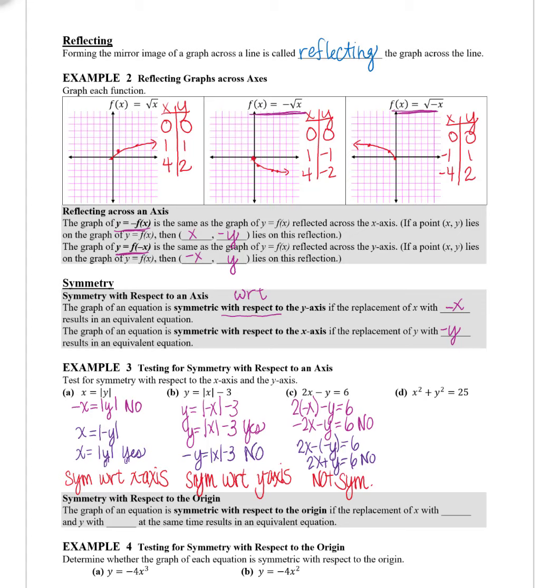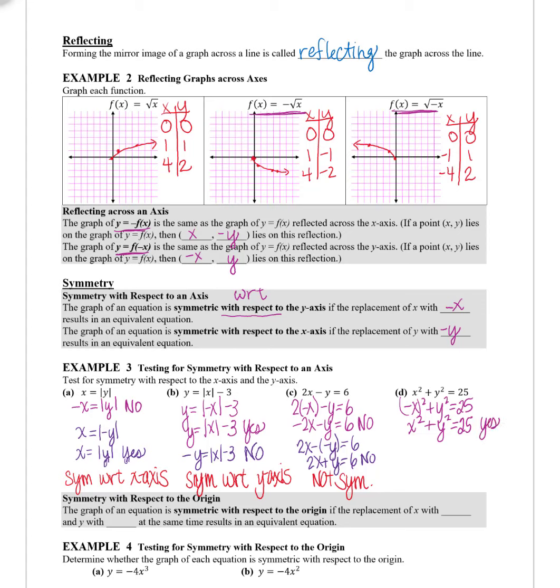And then the last one, let's replace the x with negative x. Well, when you square a number, it's the same thing as squaring the opposite of it, so that's the same thing as x squared. Or you can see that if you square a negative, it becomes positive. So this is yes.